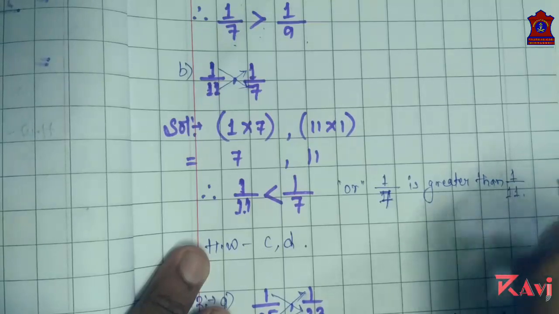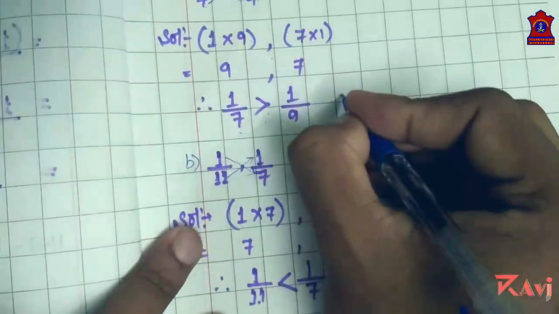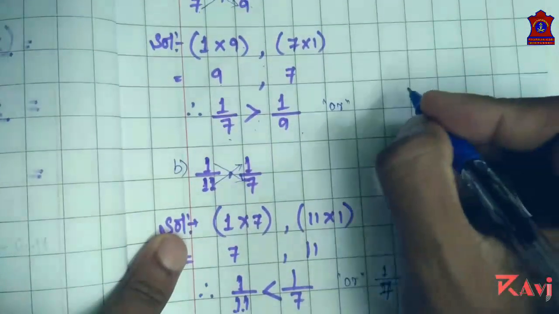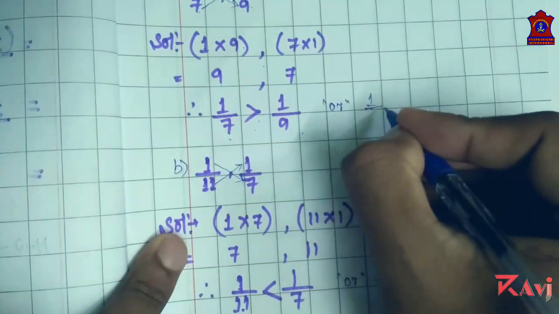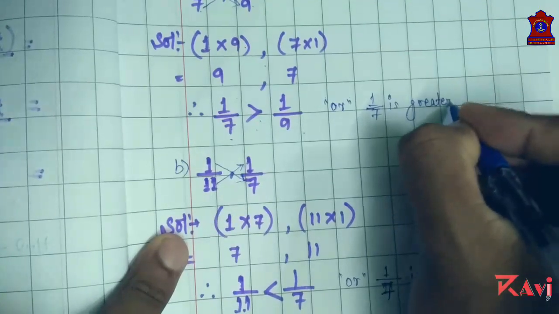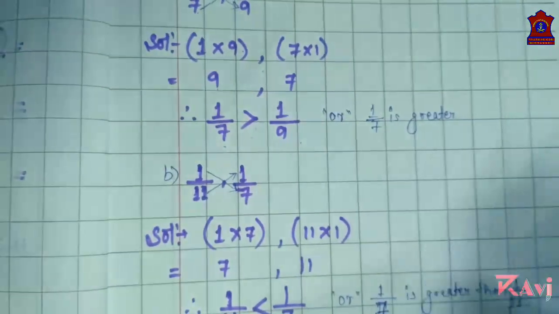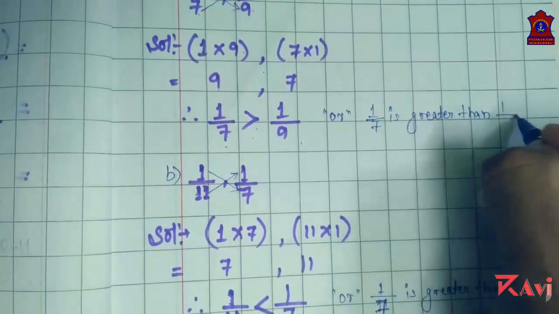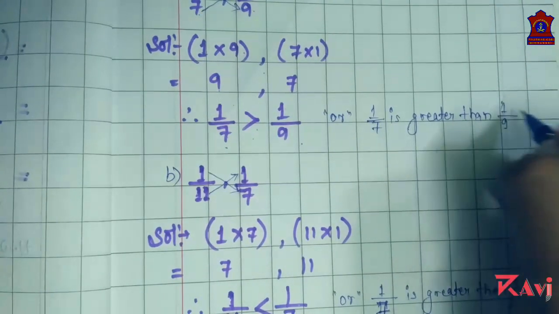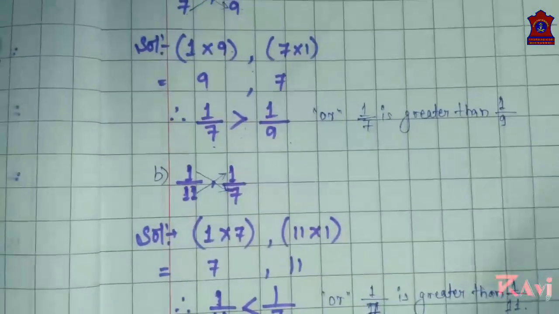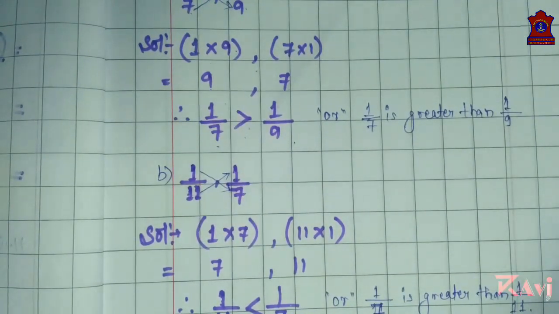Clear? Similarly, you can write here, or 1 by 7 is greater than 1 by 9. Clear? 1 by 7 is greater than 1 by 9. Clear? So here question number 1 and 2 is clear.